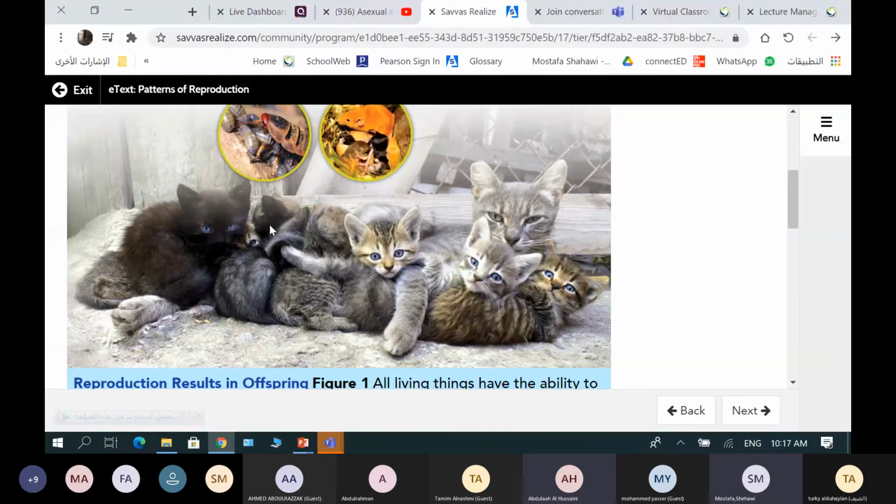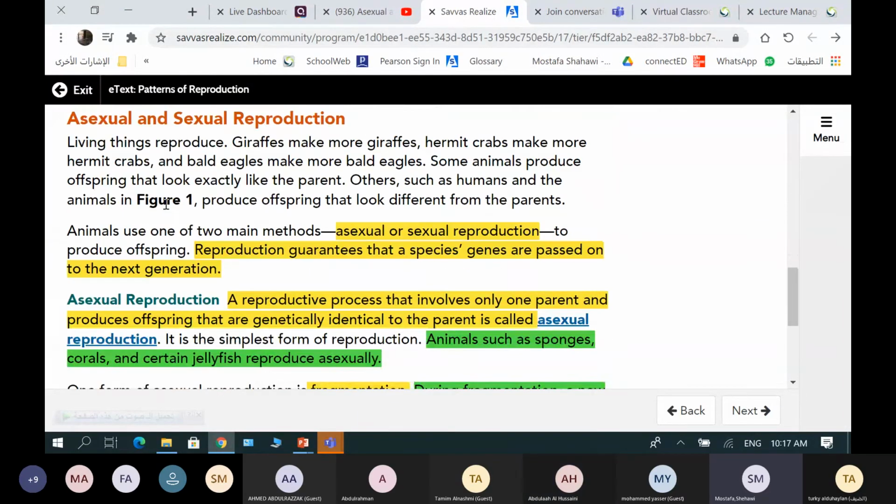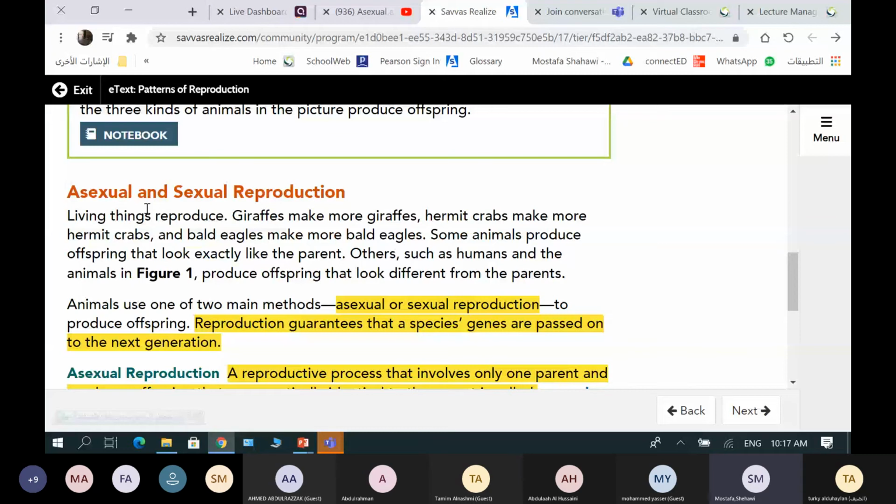Okay. Read this one. Asexual reproduction. Asexual and reproduction. Living things reproduce giraffes and make more giraffes.